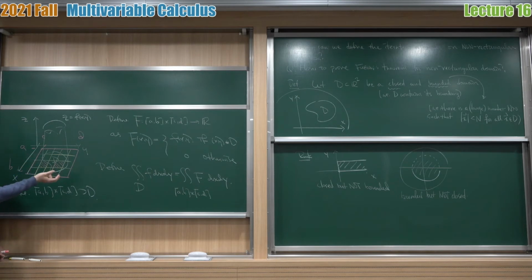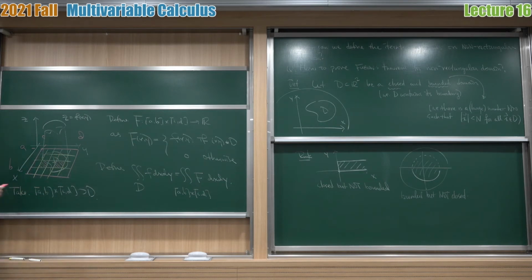If you choose your point randomly inside of this subdivision, there's a chance that your height would be 0 if you take the point outside of D, and a chance to get a non-zero height if you take the point inside of D. You will have these situations along all the boundary, right?